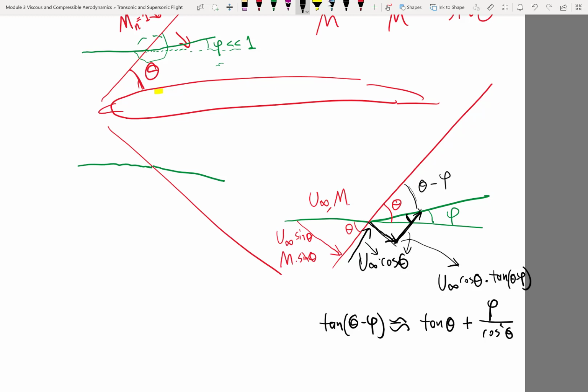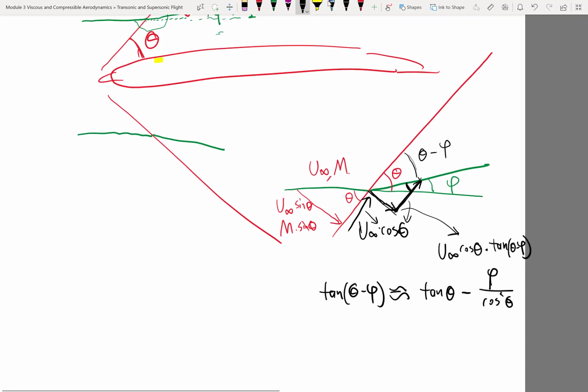This is using the derivative of a tangent, and that's what we call a first order approximation. Do a Taylor series expansion and only keep the 0th term, which is tangent theta, and the first order term, which is minus phi divided by cosine squared theta.